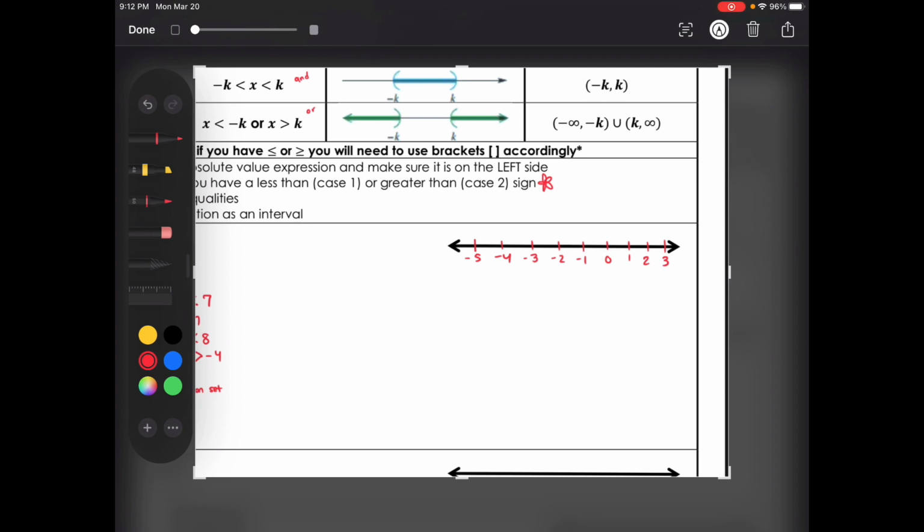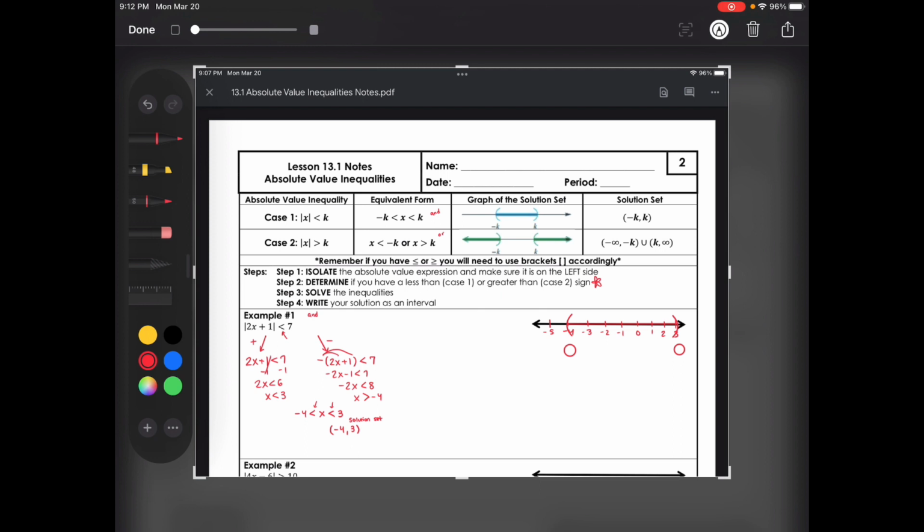You can do it either way. So we have a curve here and here. And we're talking about all the values between these two. Now you could have also used an open circle as well instead of the curved bracket. All right.